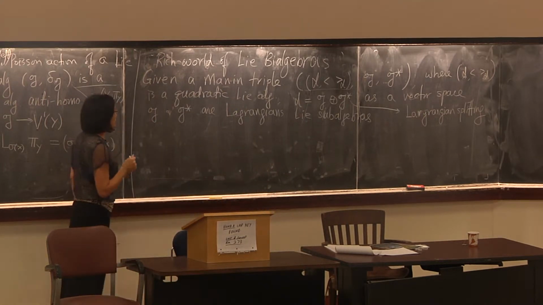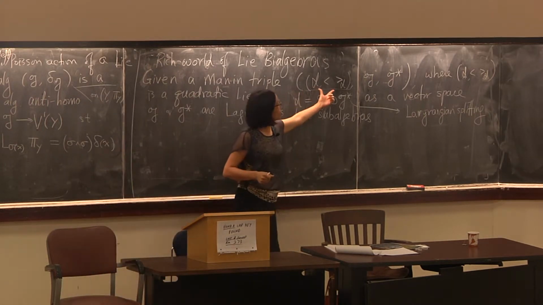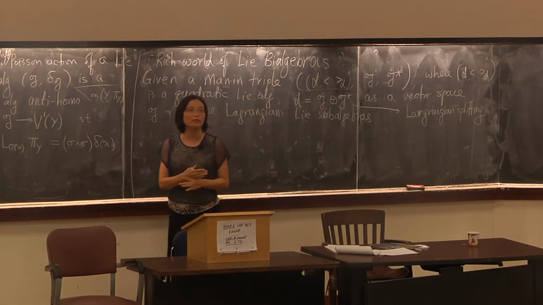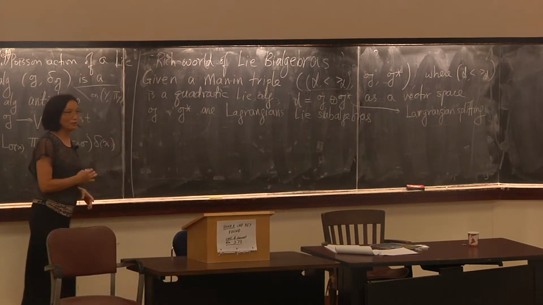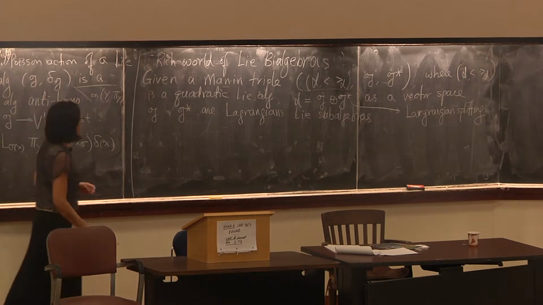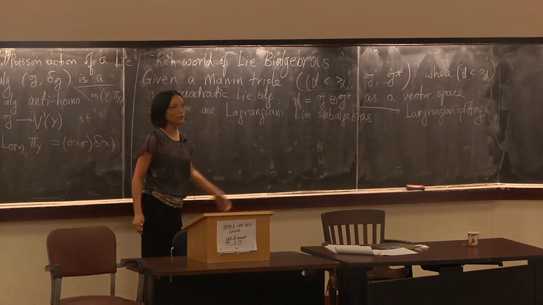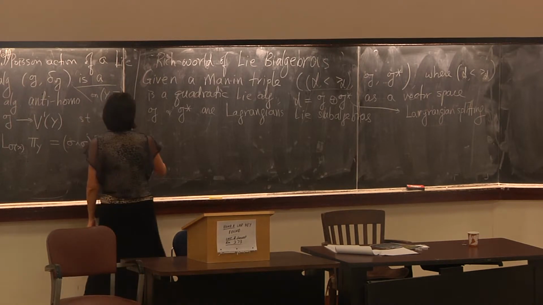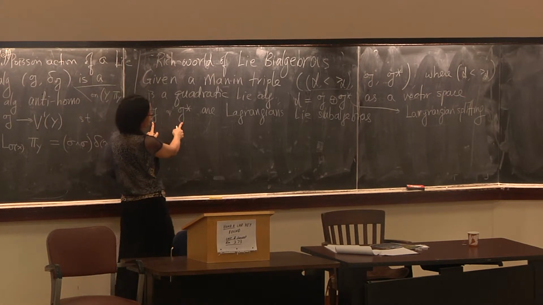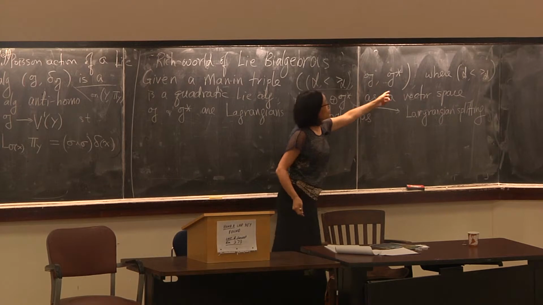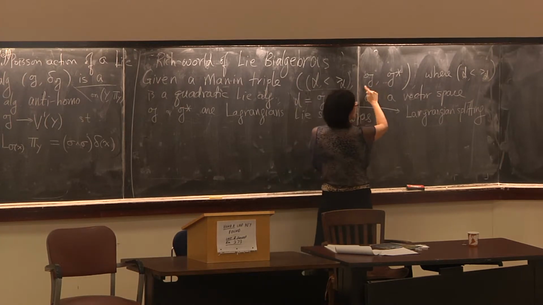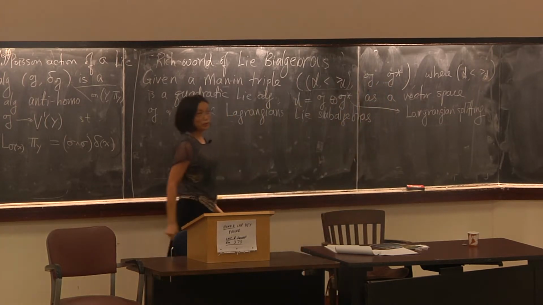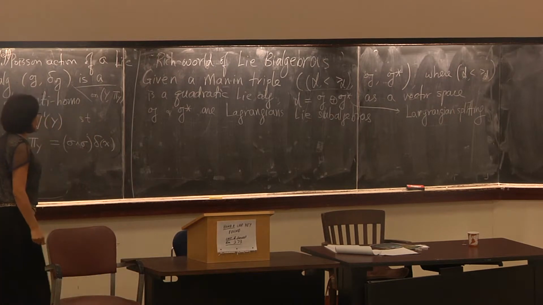What I like to emphasize is that the same quadratic Lie algebra could have lots of different Lagrangian splittings. I'll mention that a bit later. Given the Manin triple, these two are identified, because they are maximal isotropic, so the pairing between them is non-degenerate, and they are naturally identified as the dual spaces of each other.